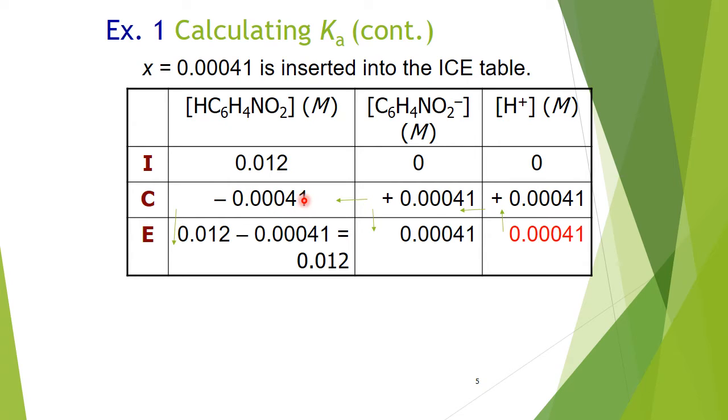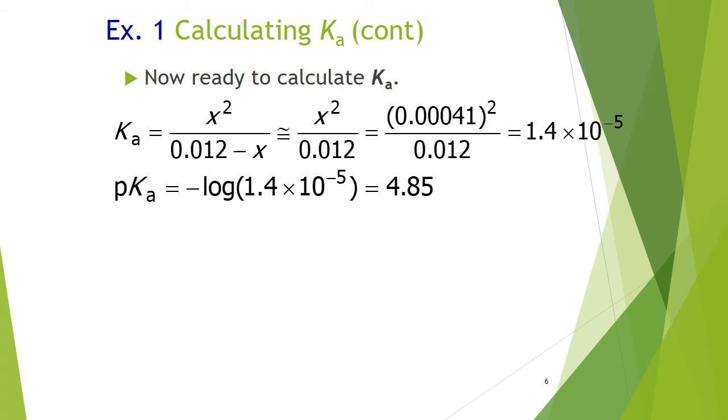So this goes down by this value, and these go up. Then you do this simple math, and this is what you get. So at equilibrium, these are the concentrations of each species in the solution. And now what we can do is simply use the Ka, product over reactant, to come up with our answer.